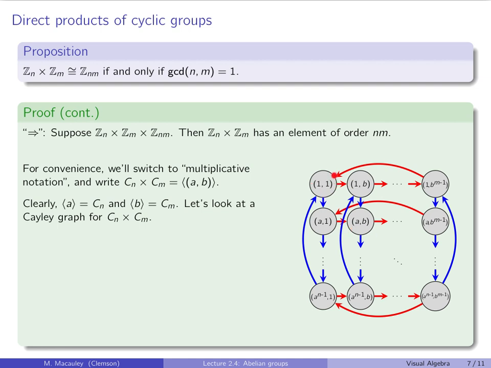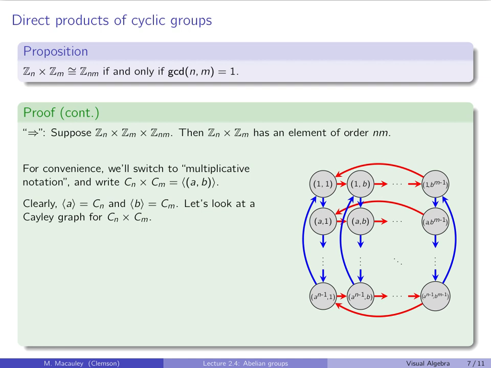That means that if you start here in the upper left and you go down by one row and across one column, then it takes exactly nm times to return to where you started. So, you do this, you're going to wrap around a few times, but since you're increasing your row number by 1 each time, then the order has to be a multiple of the number of rows, and you're increasing the column index by 1 each time.